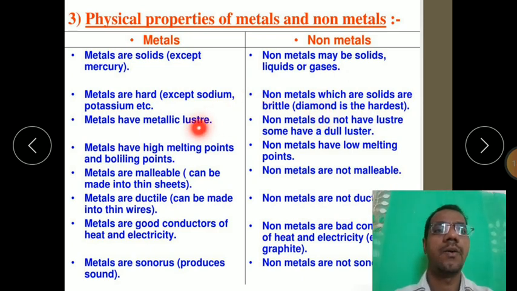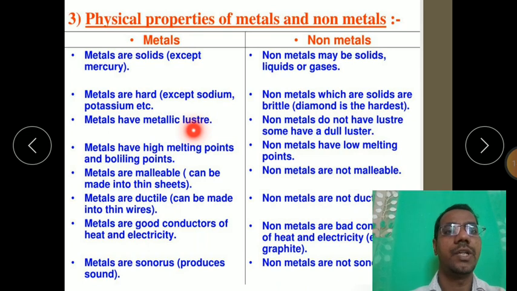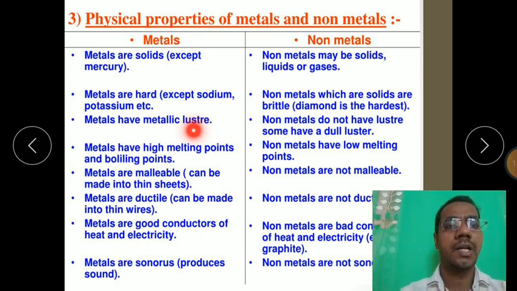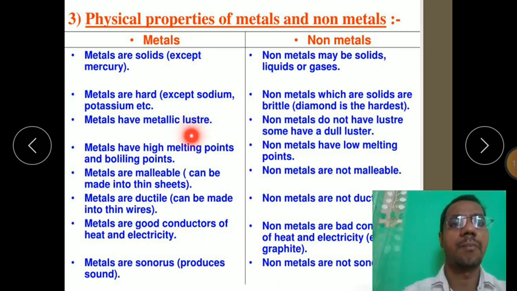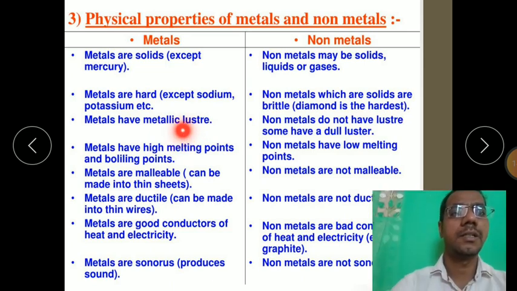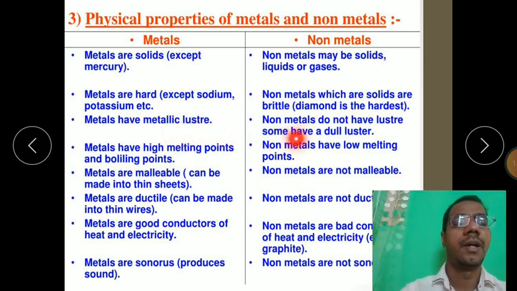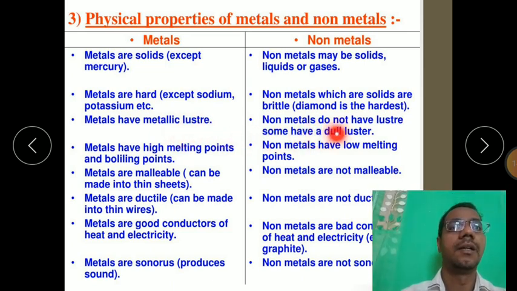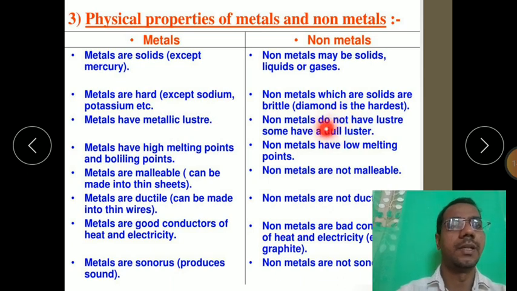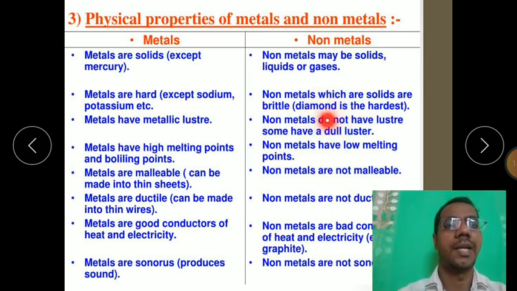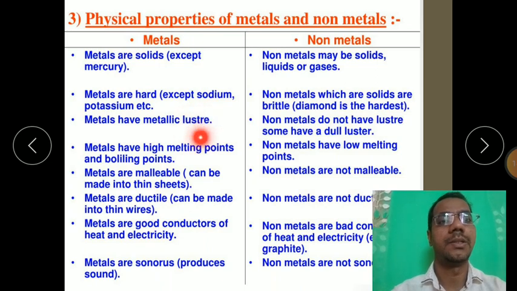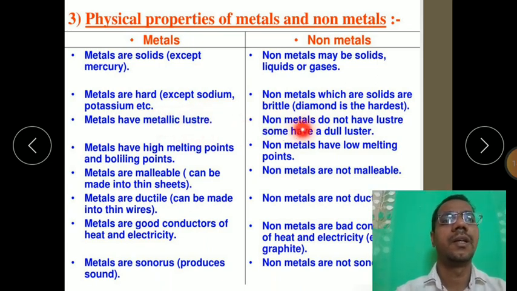Metals have metallic luster. What is metallic luster? They shine properly. But non-metals do not have a luster and they appear dull. They do not shine as much as the metals.